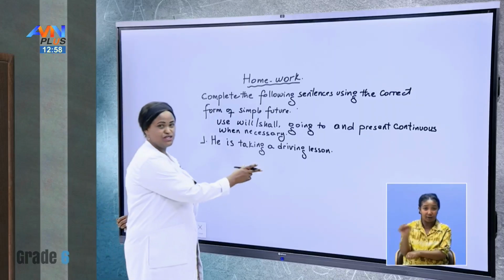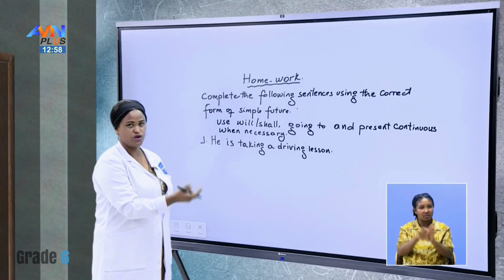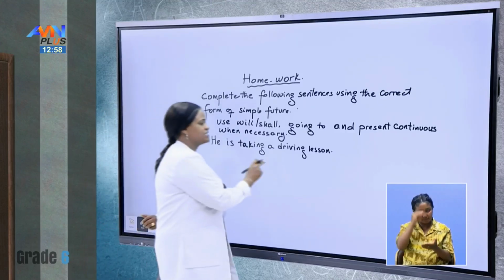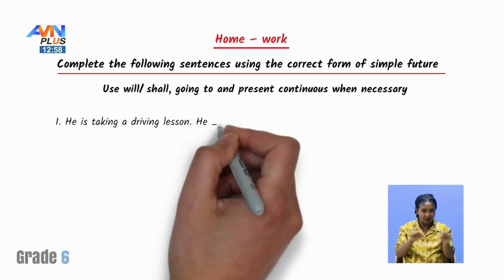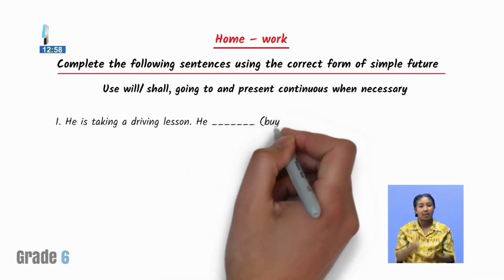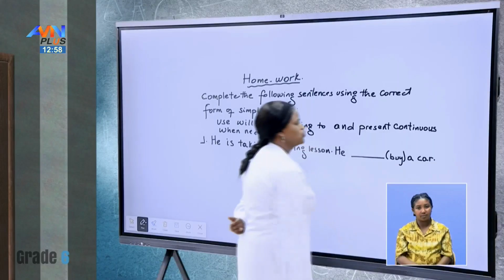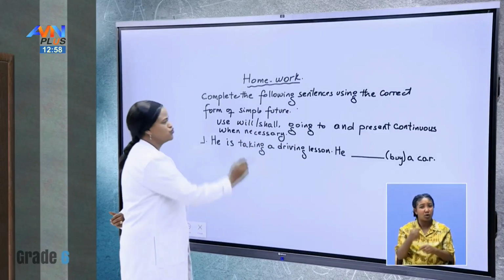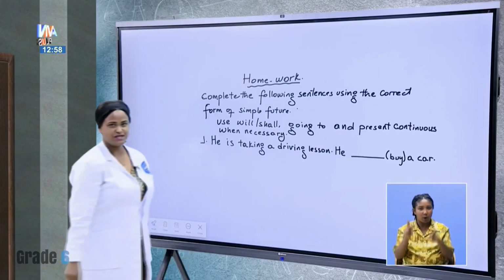Now this sentence helps you to decide on which form of the future that you are going to use. He is taking a driving lesson. He blank, then buy a car. Which one do you use? Are you going to use will or shall or going to or the present continuous?